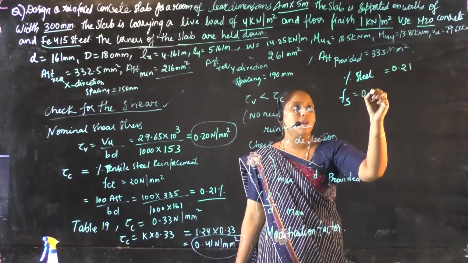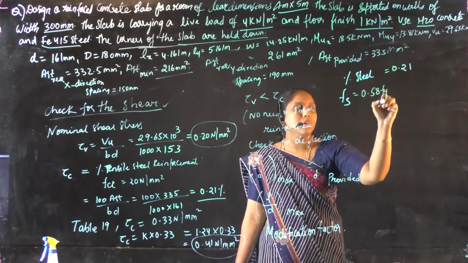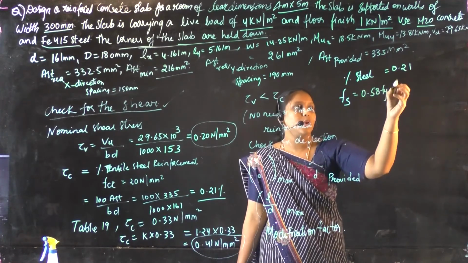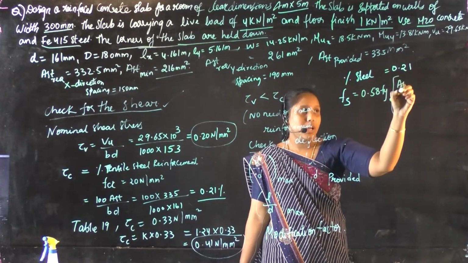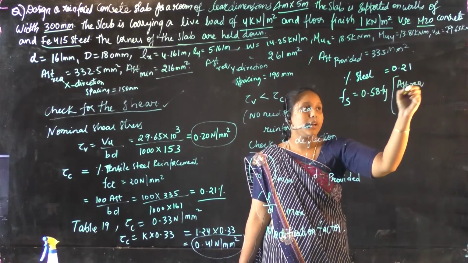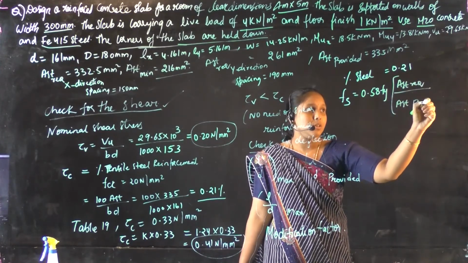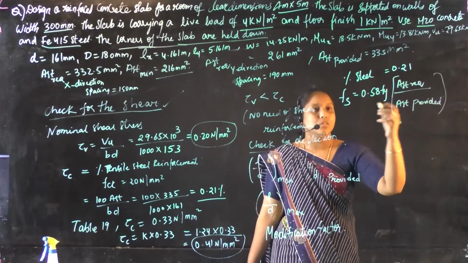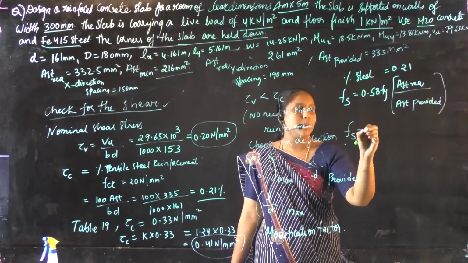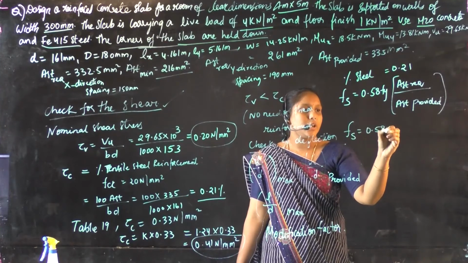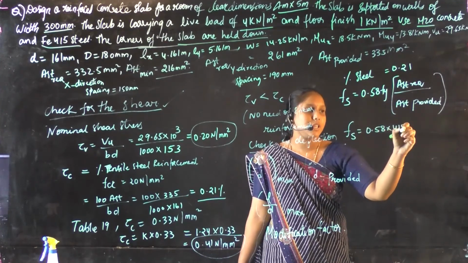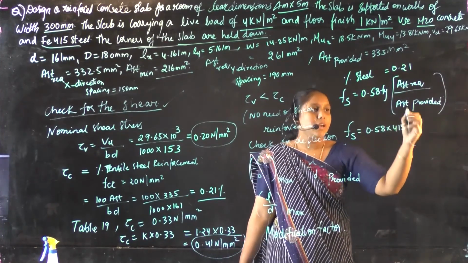We have the formula, which is 0.85 into 0.58 into Fy into AST required divided by the AST provided. So Fs will be 0.58 into Fy, which is the grade of steel, 415, into AST required.